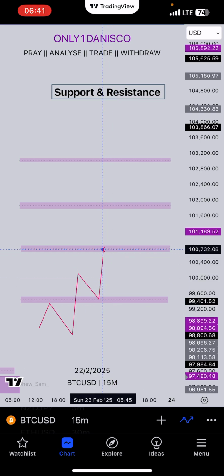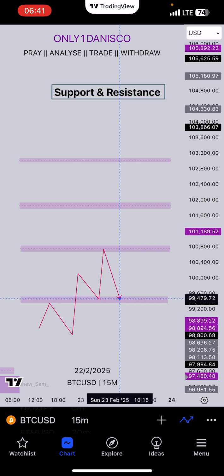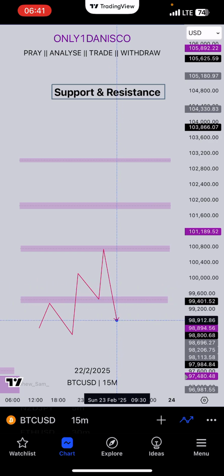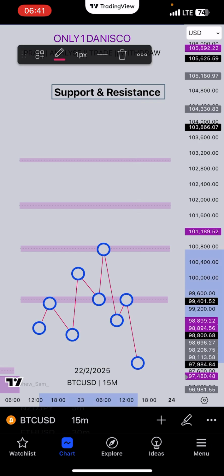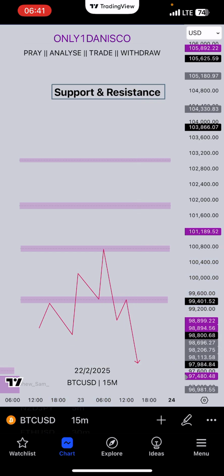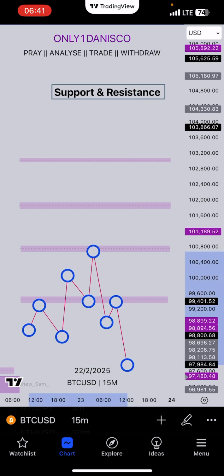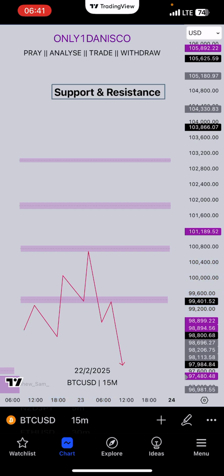Price will test this one, come back to the previous, recent support, and break it. Now once the price is broken out of here, what you stand to see at some time is price will test that broken support, then move down. This basically happens when the market is in a downtrend, which is not an uptrend.